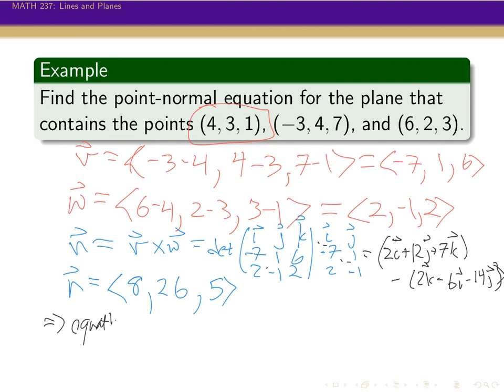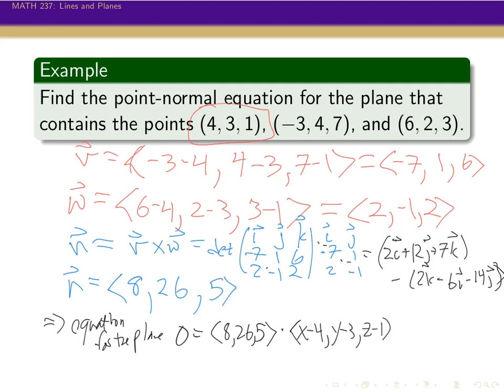I get that the equation for the plane is 8, 26, 5, dotted with x minus 4, y minus 3, z minus 1, and that's going to be equal to 8 times x minus 4 plus 26 times y minus 3 plus 5 times z minus 1. Okay, and so there's my equation for this plane.